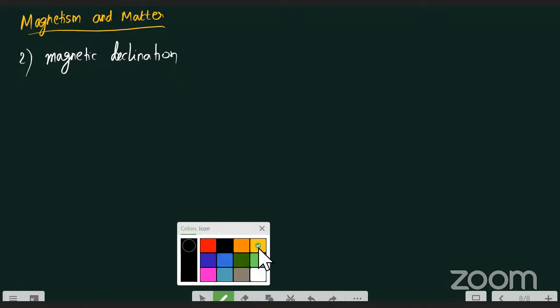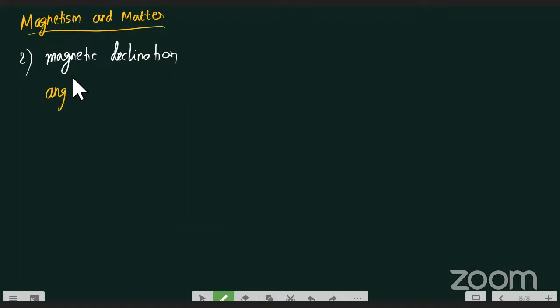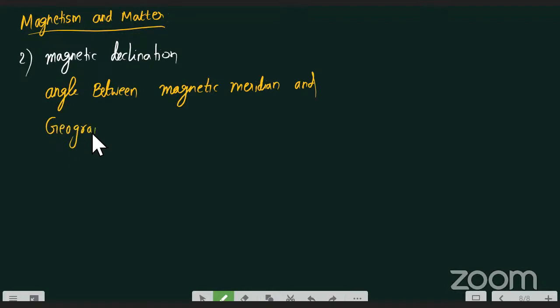So what is that? Angle between magnetic meridian and geographic meridian is called as magnetic declination.